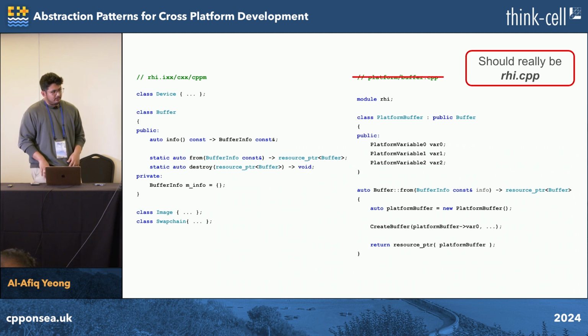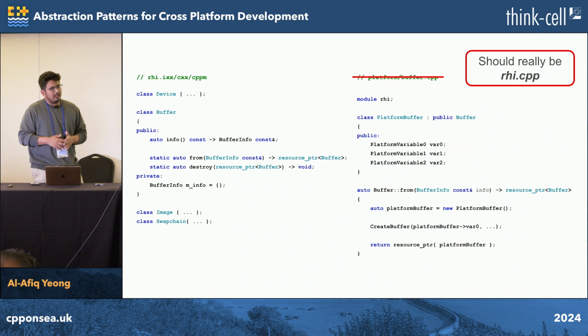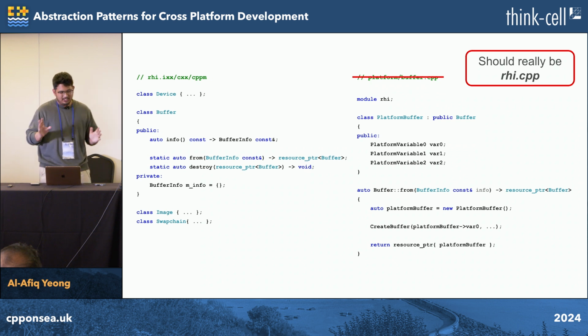But there is a problem. With the way modules work, if you declare the implementation details in separate module implementation units, there really is no way to share visibility of all of these declarations. You can import the module in a header file. I don't know what that does because I've never done it before.